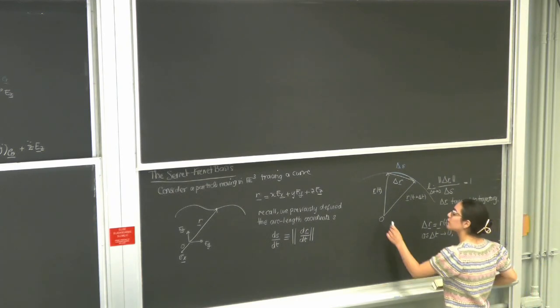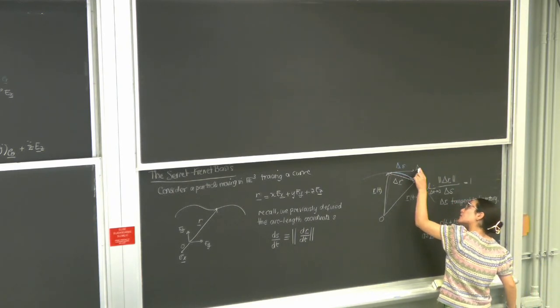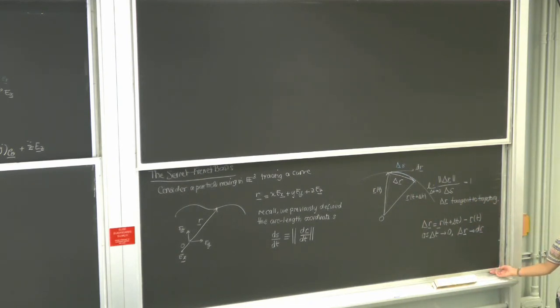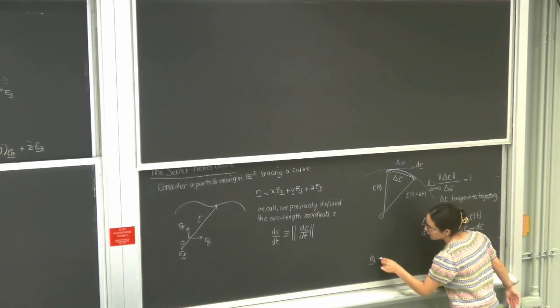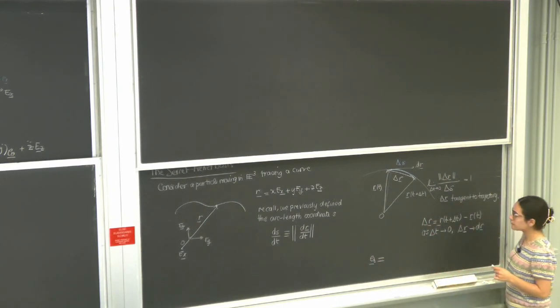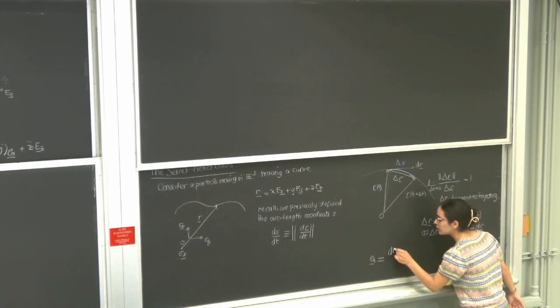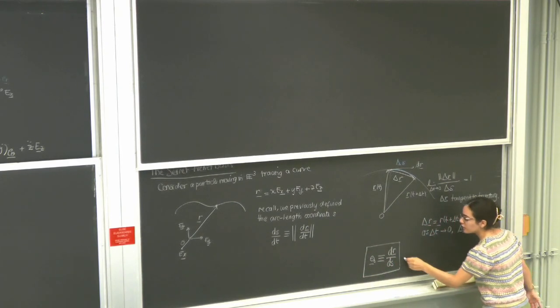If I take delta r to be very small, it becomes tangent to the trajectory. So then we defined a unit tangent vector e_t that is tangent to the curve, and it's a unit vector. We call it dr by ds. So e_t is dr by ds. This is our unit tangent vector.